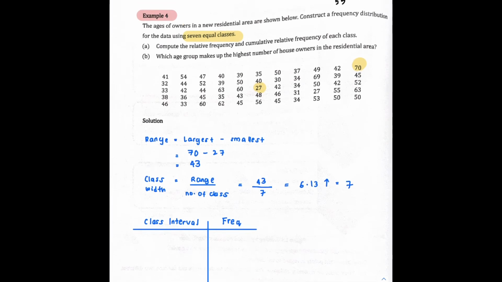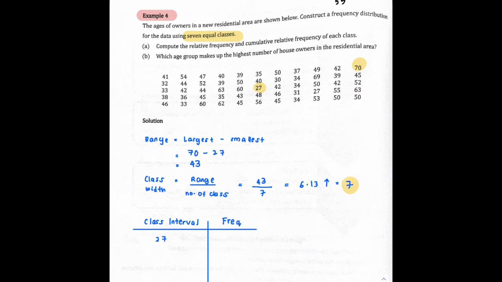Our smallest value is 27. So let's start with 27. For example, we start with 27. And then if you add 27 with the class width, which is 7, 27 plus 7 is 34.